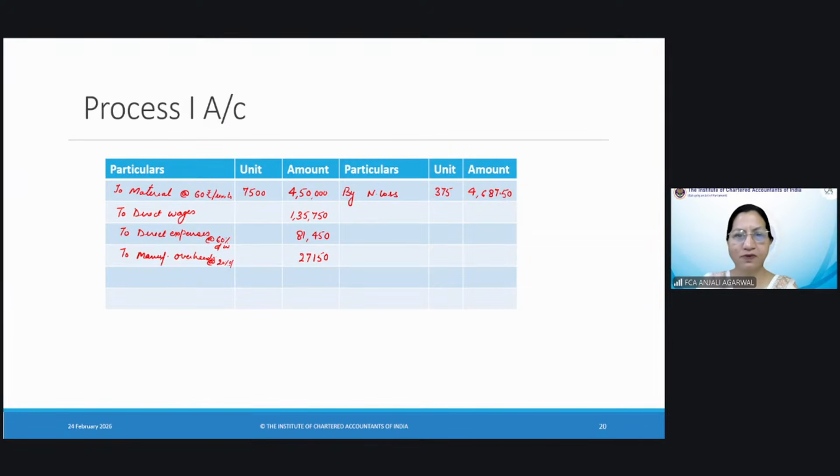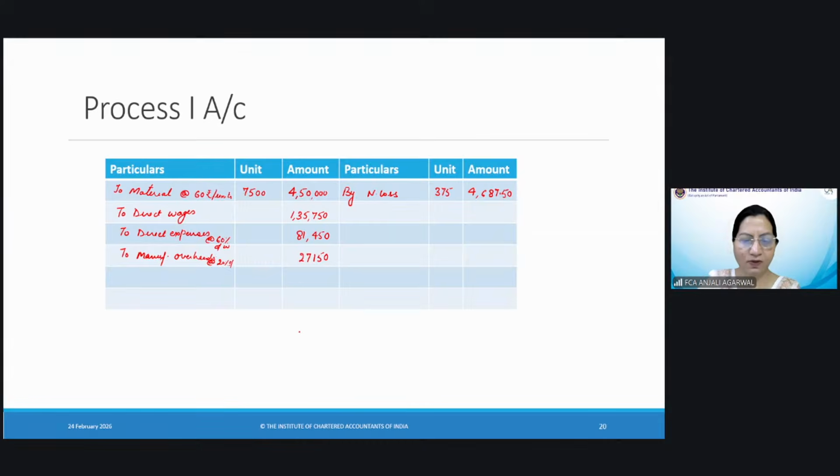Like I said, once you have done all this, you can stop and calculate the total cost: 50,000 plus 135,750 plus 81,450 plus 27,150.